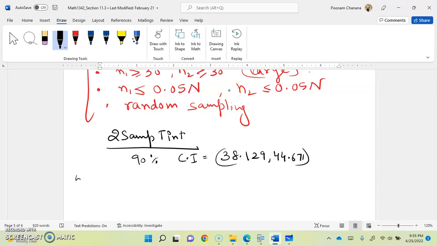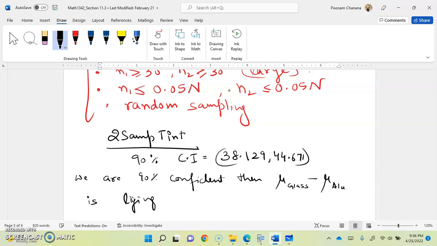We are saying we are 90% confident that mu glass minus mu aluminium is lying between 38.129 and 44.671.